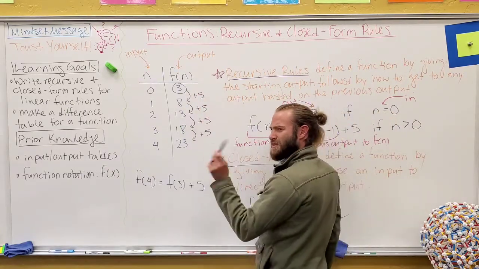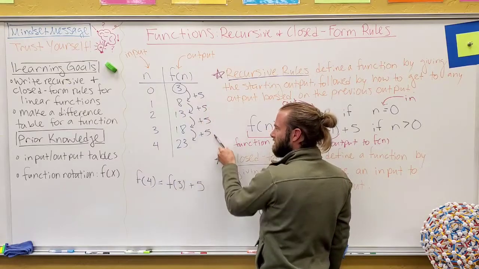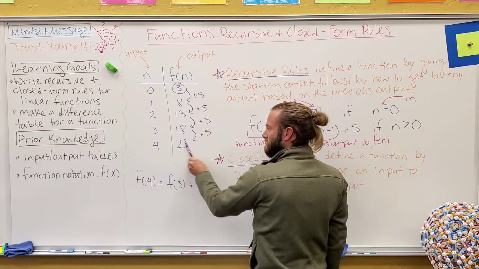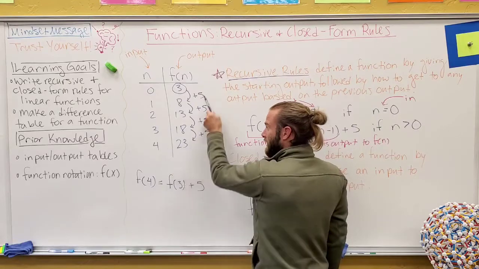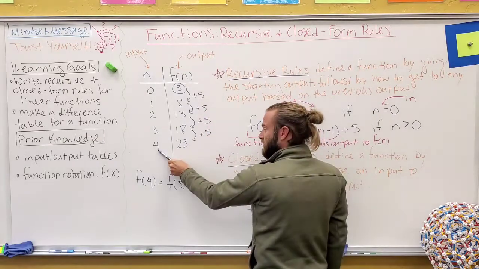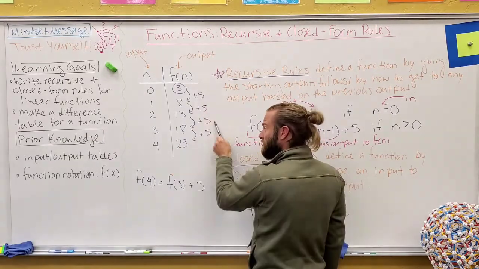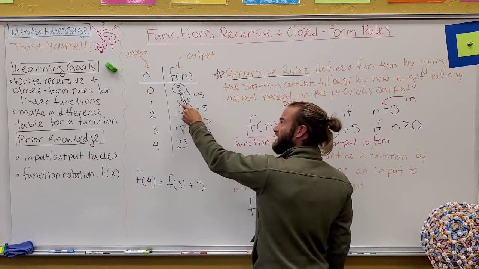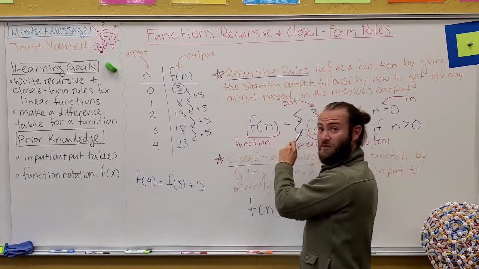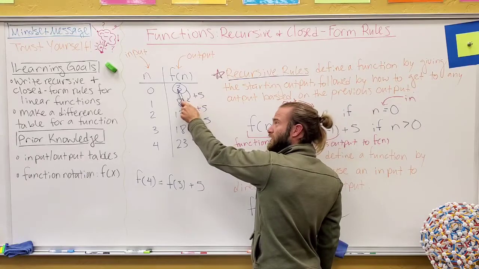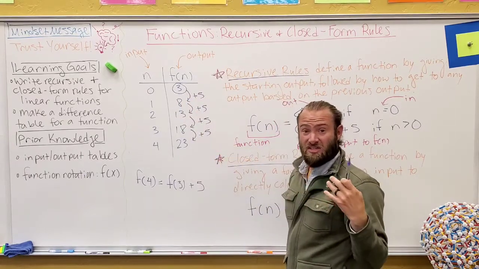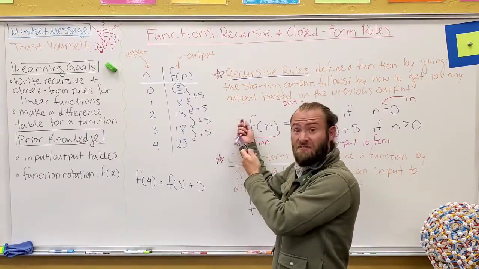And do you remember how we said there's a direct correlation here between how many 5s we added to get to an output, right? In this case, there's 4 5s to get to the 4th output. There's 3 5s to get to the 3rd output. So essentially, we still think of it kind of like we did the other one. You start with a 3, and you add a certain number of copies of 5.